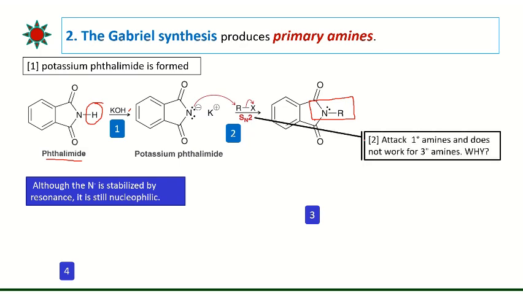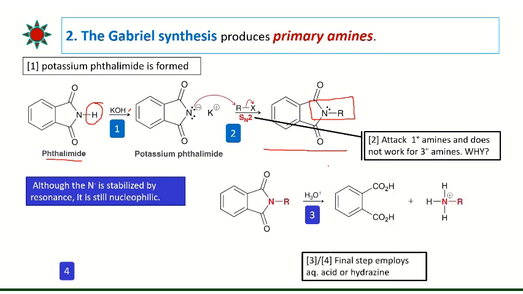All we have to do is treat this phthalimide conjugate with either an acid, or after treating with the acid, we can treat it with hydrazine. Either way, we release either the ammonium salt or this final product here, the amine.